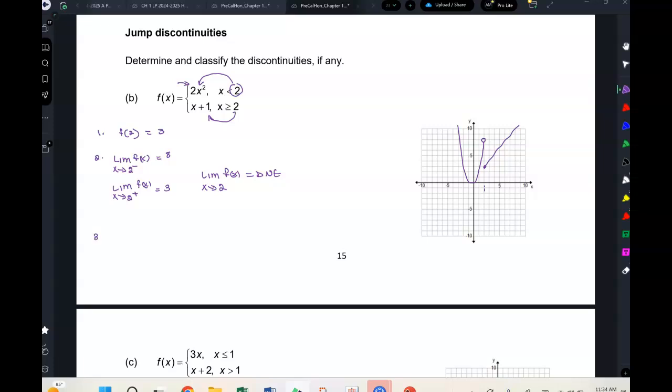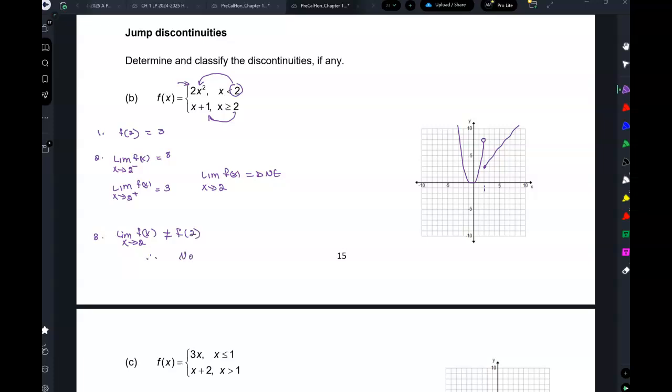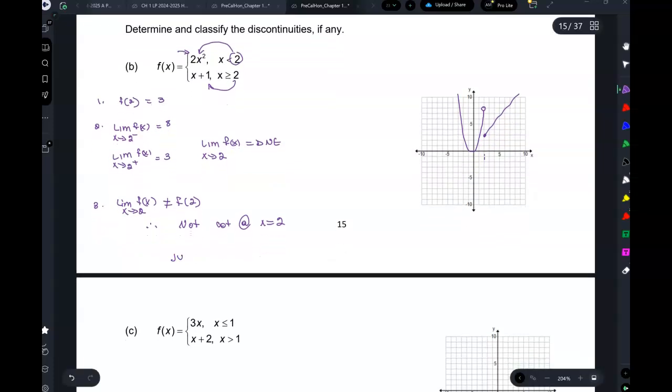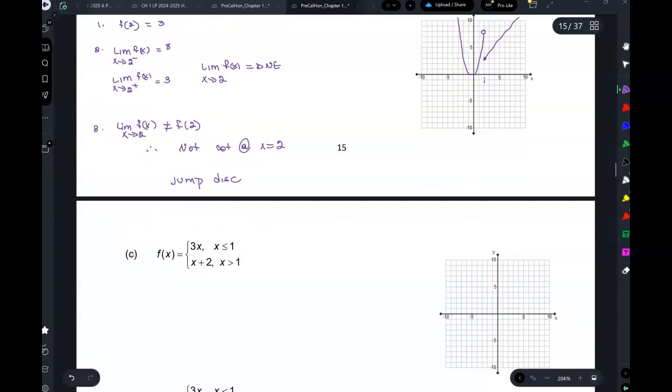So number 3, limit of f of x as x approaches 2 does not equal f of 2, therefore not continuous at x equals 2. What kind of discontinuity is this? Jump discontinuity.